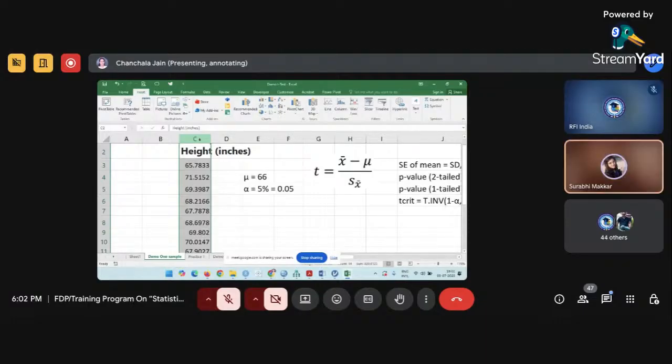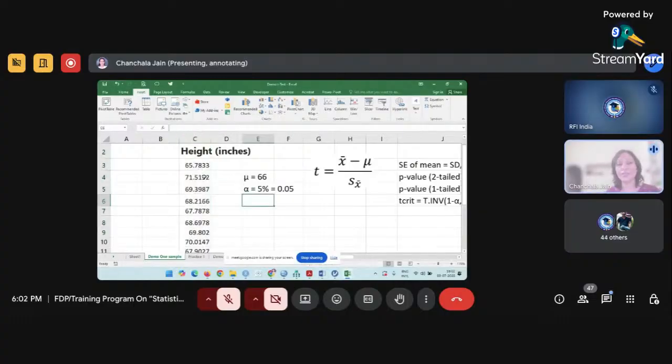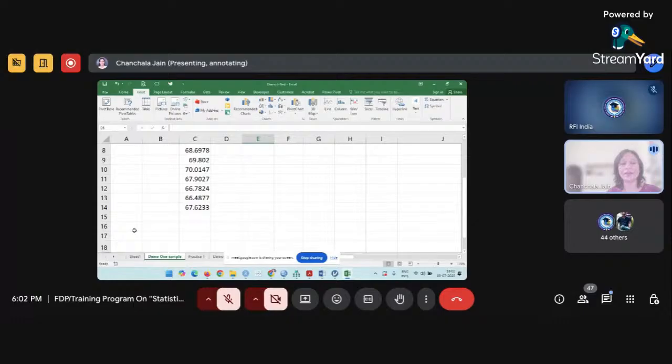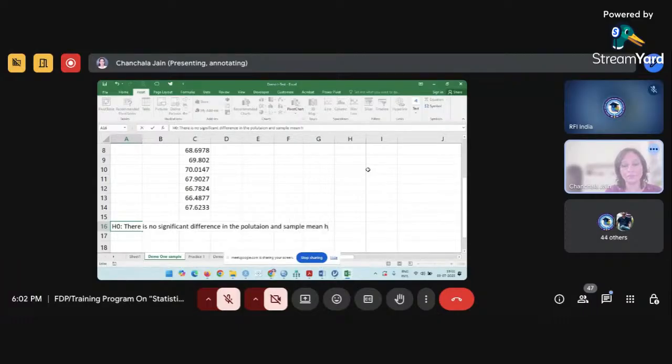Right. So as a procedure, if I want to compare these two values, firstly I will write my hypothesis here. That is the null hypothesis. I am writing: there is no significant difference in the population and sample mean height of students.